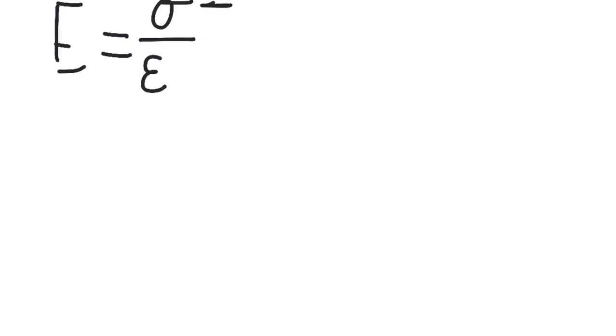Right, some important algebra that we want to go through here. It's very important that you take this on board because we're going to start breaking down the Young modulus equation. E is equal to sigma over epsilon, the little curly e. So what we have here is stress over strain.